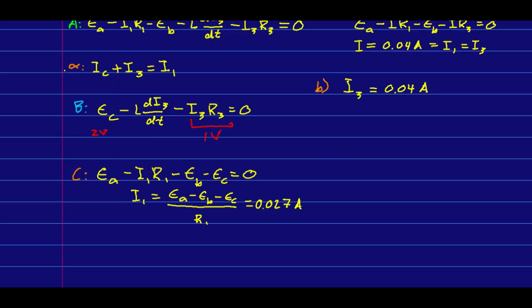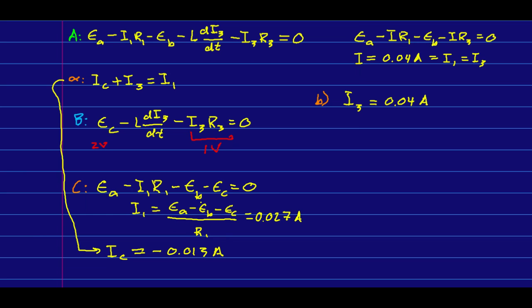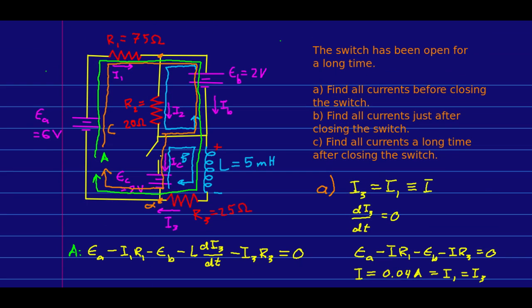And I can now use the junction law for alpha to find IC, because I now know I3 and I know I1. If you do that, you'll find that IC is apparently negative 0.013 amps, and so it is in fact in the opposite direction to the one I indicated here.